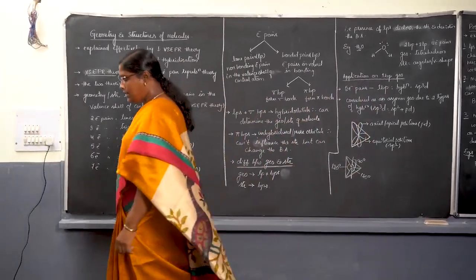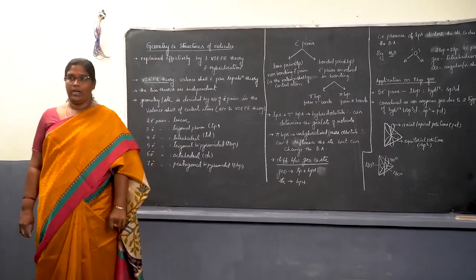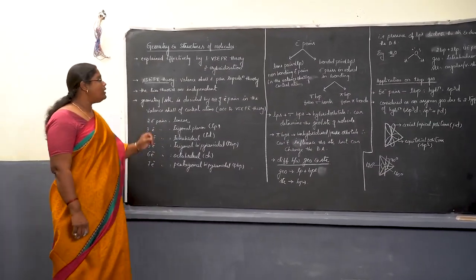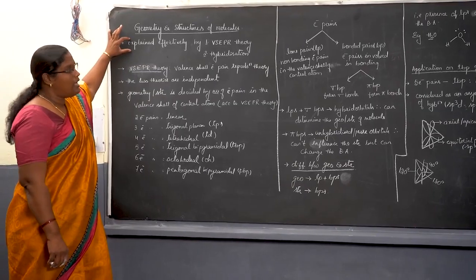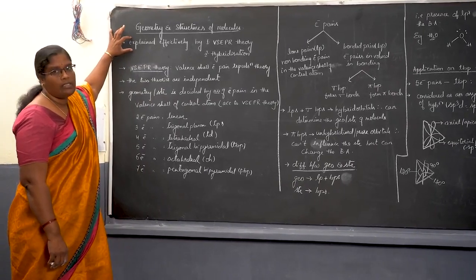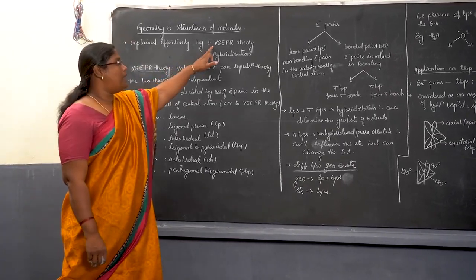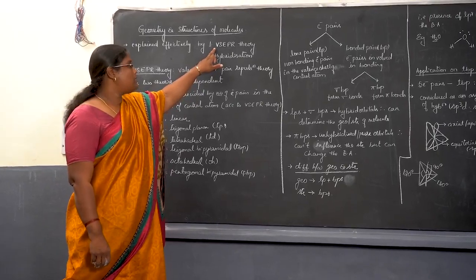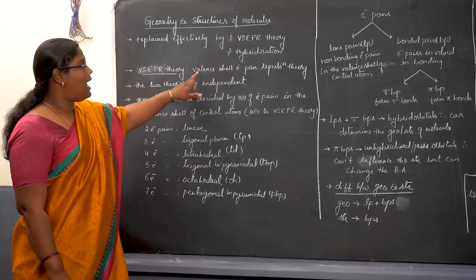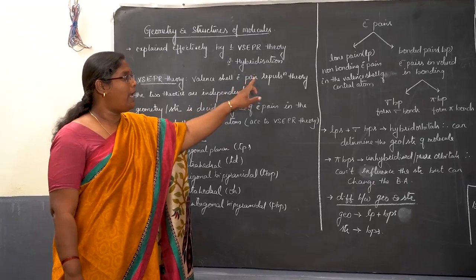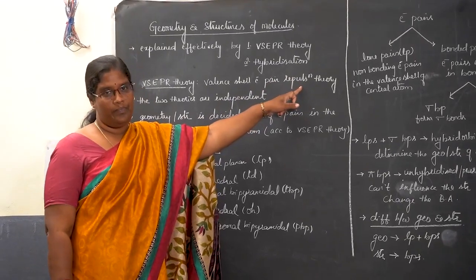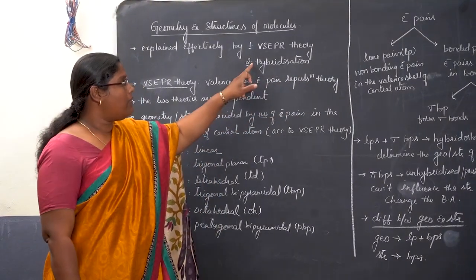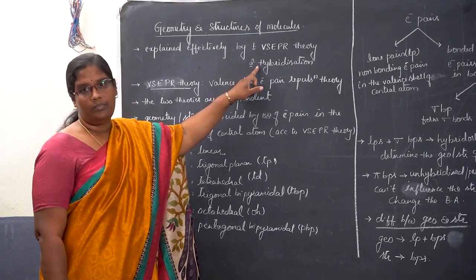So, how to determine the geometry or structure of a molecule? Generally it is effectively explained by two theories. One is VSEPR theory. So what is VSEPR theory? That is valence shell electron pair repulsion theory. And the second one is hybridization.